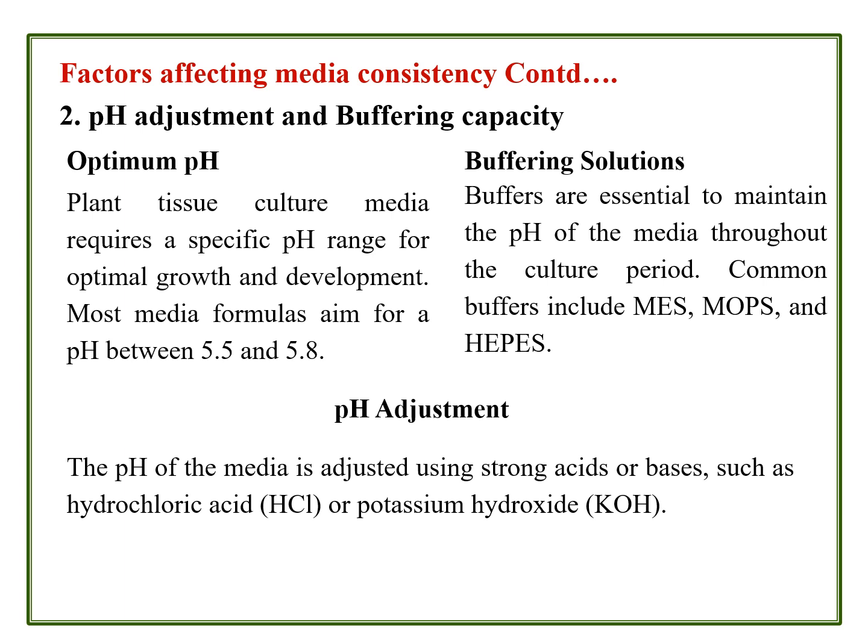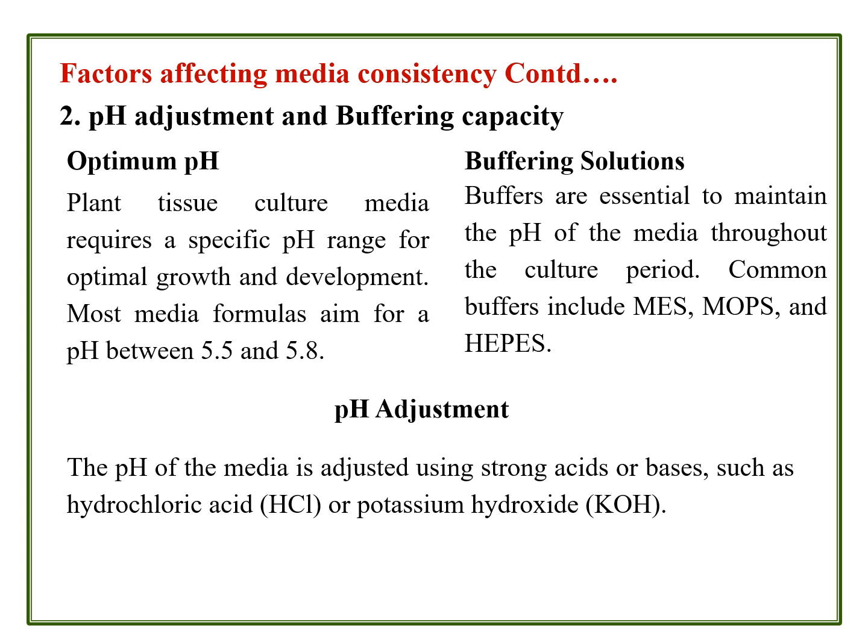In such cases, a variety of buffers including MES, MOPS and HEPES are very commonly used in plant tissue culture medium, which ensures the stability of the plant tissue culture medium.